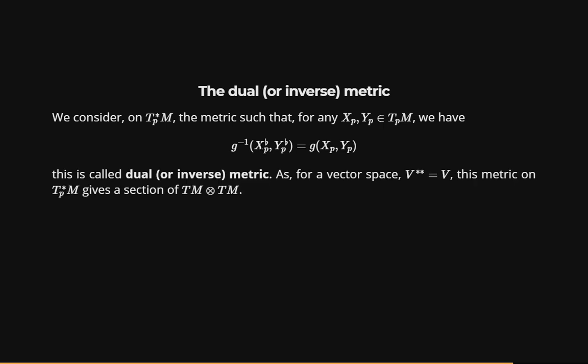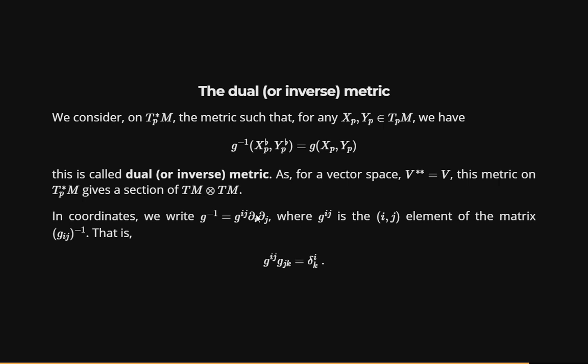This is called the dual metric. Forms act on vector fields, but also the other way around, vector fields act on forms. So the linear functions on the cotangent are given by the elements of the tangent. So a metric on T star M is a section of TM tensor TM, same as before.